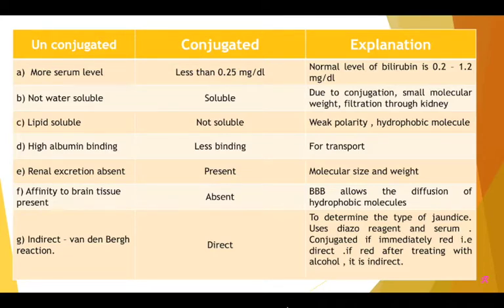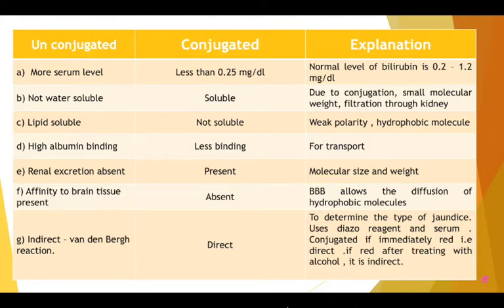The next condition is that we do not get any red compound after mixing. So we take the sample, first treat it with alcohol, then mix it with the diazo reagent. After a while, it produces the red colored compound. That reaction is said to be indirect.